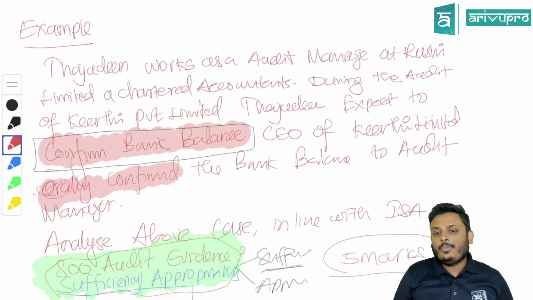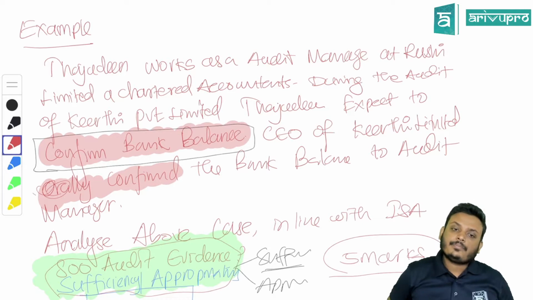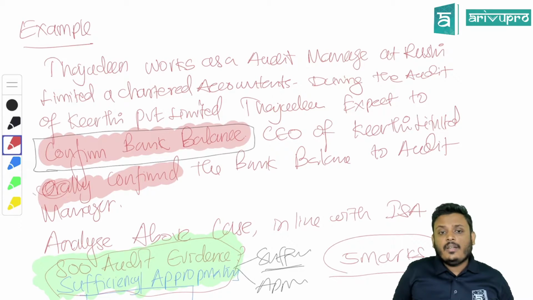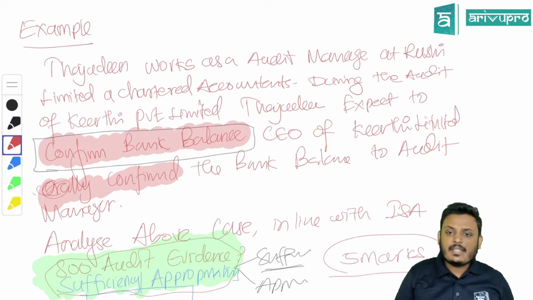That explanation needs to be given. At the same time, relevancy. Even if orally confirmed or written confirmed, the assertion they are trying to confirm is existence, whether that balance exists or not. Through oral confirmation we are also able to confirm that assertion. Therefore, this is relevant evidence.